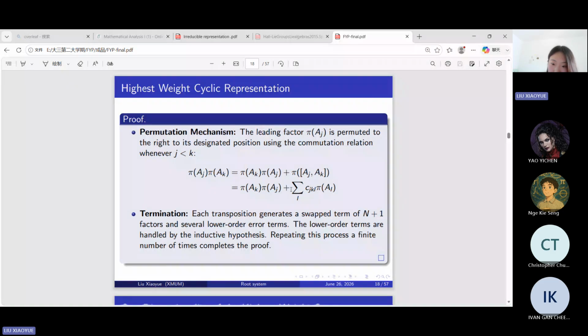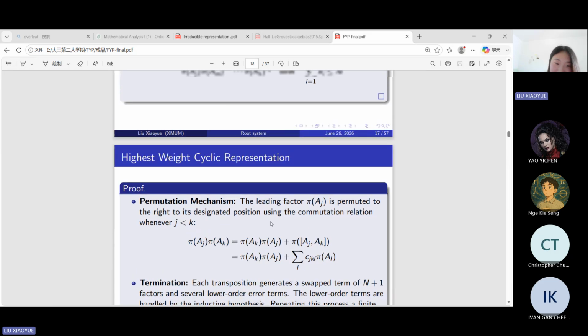Then for the last term, since it has n factors, we can use our assumption to say that this term must be in order. And for the first term, we can commute them successfully. Then we have proved this lemma.